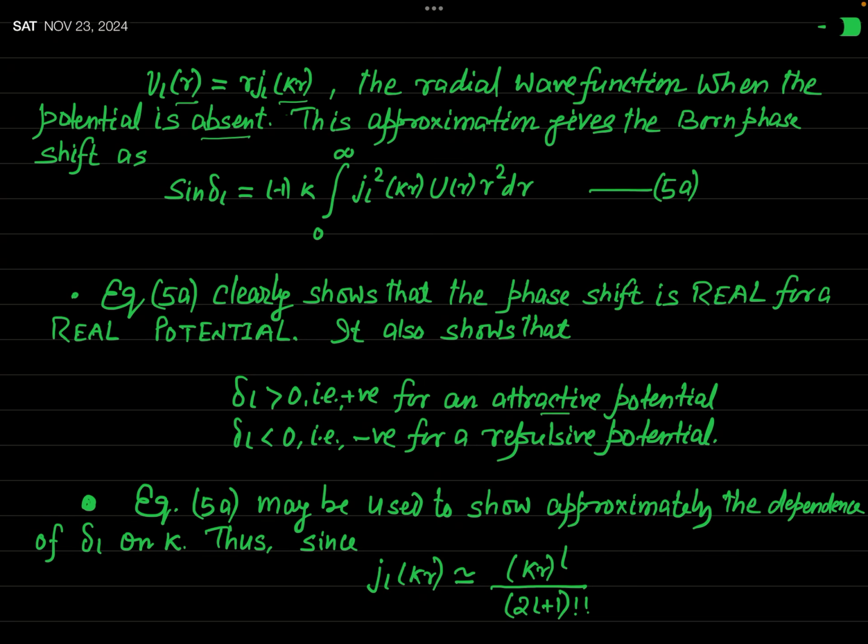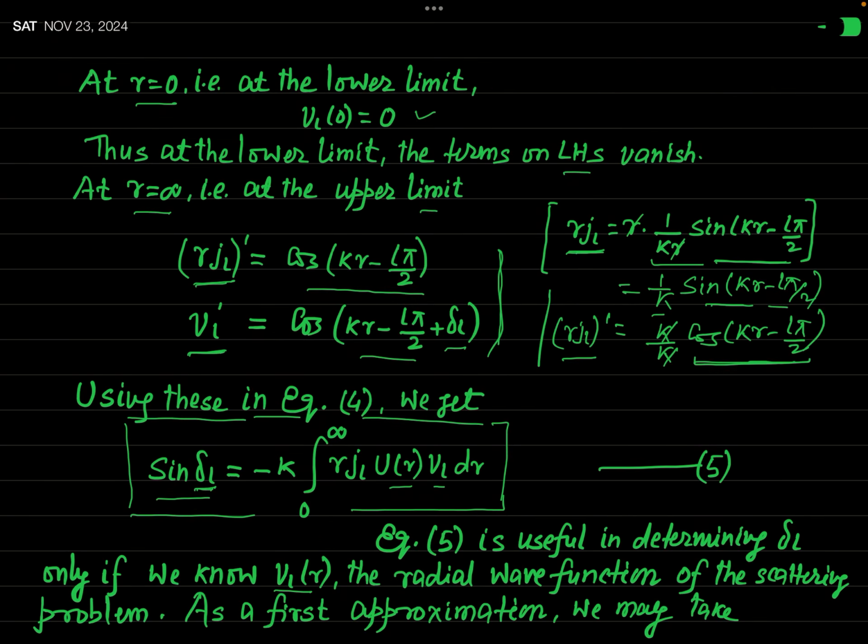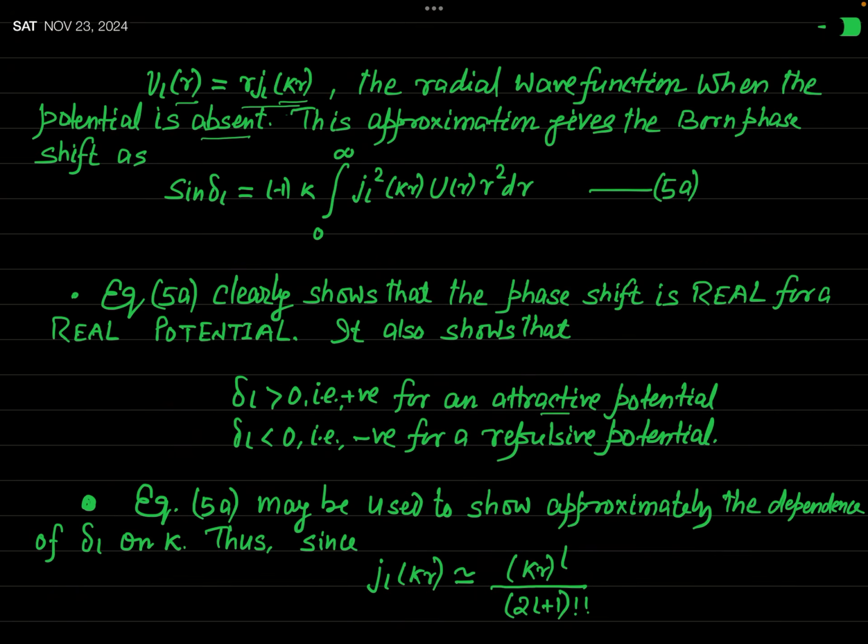So if you take VL of R equal to R times JL, then VL will be replaced by RJL, so this will be R square and JL square. Your equation is sine delta L equal to minus 1 times K integral, where instead of the minus sign I have written minus 1, 0 to infinity JL square of KR times UR times R square dr.